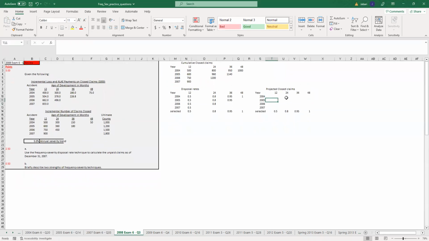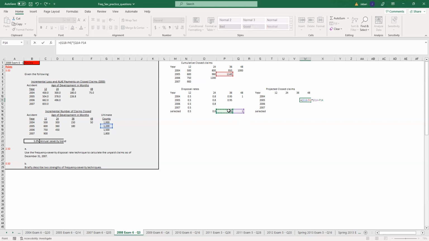So now this formula here is going to be the ultimate minus the last in the cumulative. So we're getting this claims left. Then we're going to take the claims that are between this year and next year's disposal rate, so just how many claims are being disposed of.